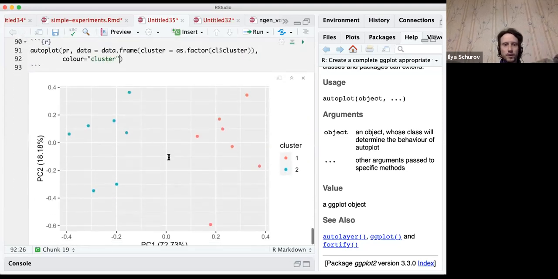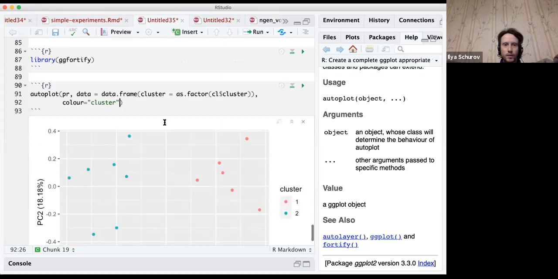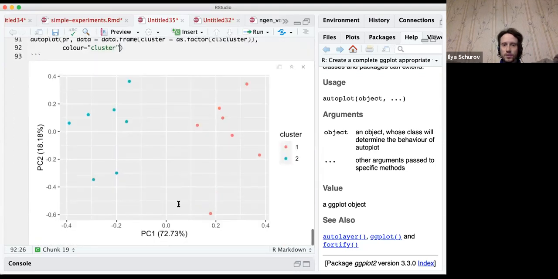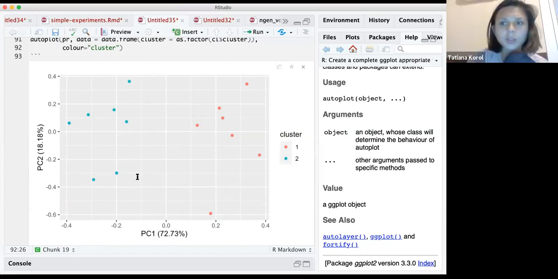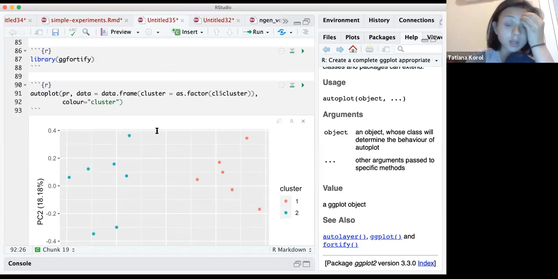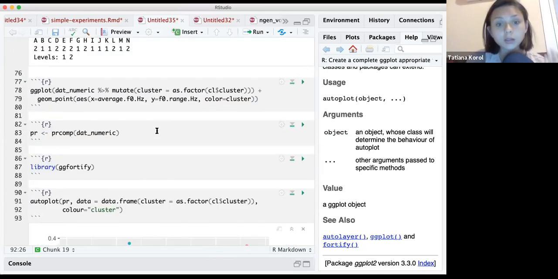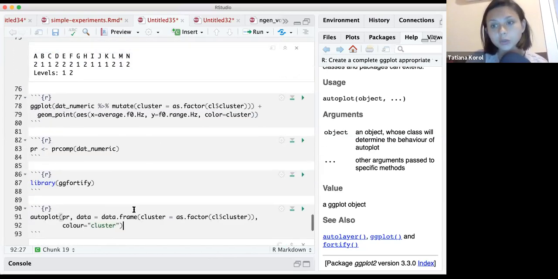Okay, so this is the result in the axis PC1 and PC2. So again, we see that there is some more or less natural clustering into two groups because we have a large distance here. Why has this picture changed? I'm sorry, I did not get why this picture changed so much.